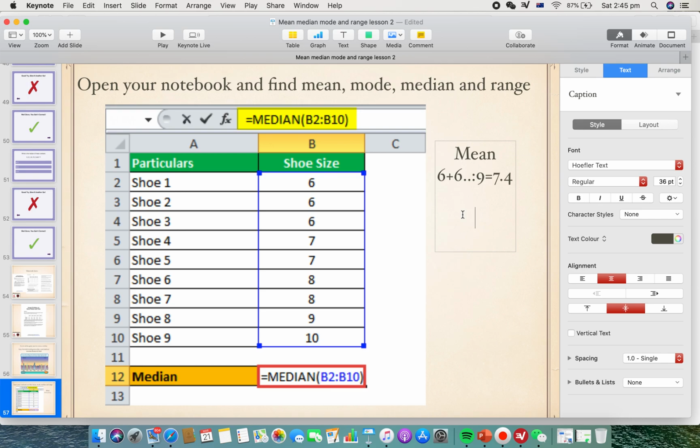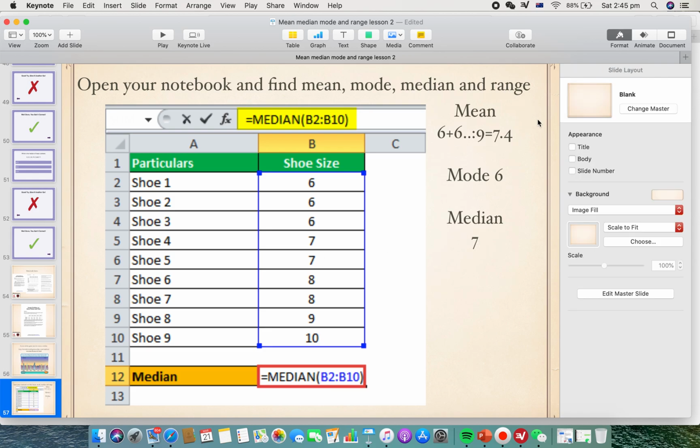Now, mode. Number that repeats itself the most. So we can see that it's 6. Median. Number in the middle. So, as you can see, it's 7. And range.